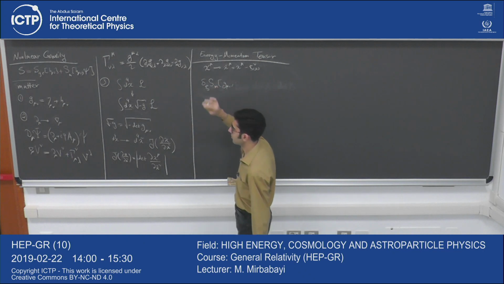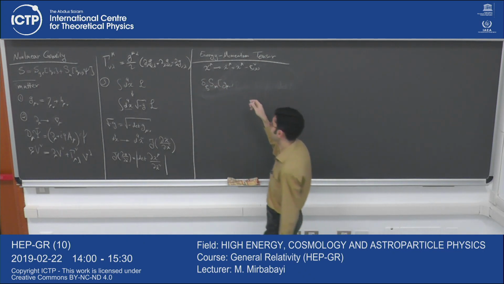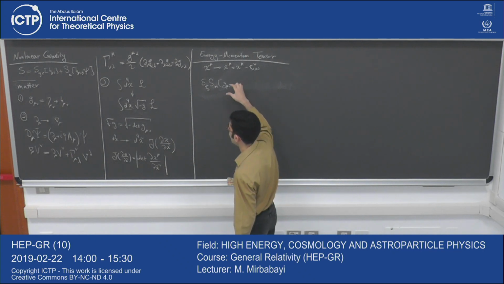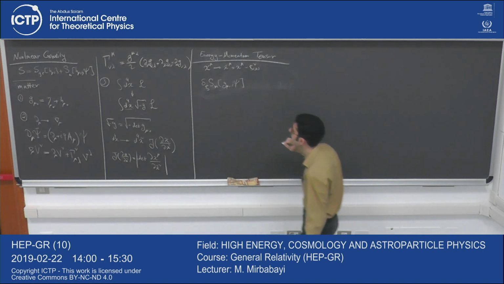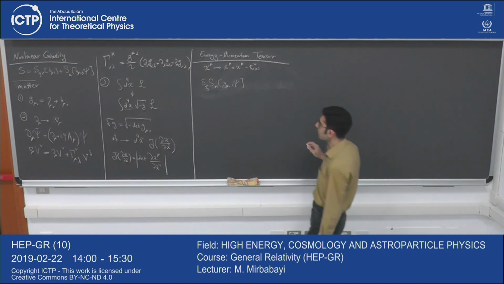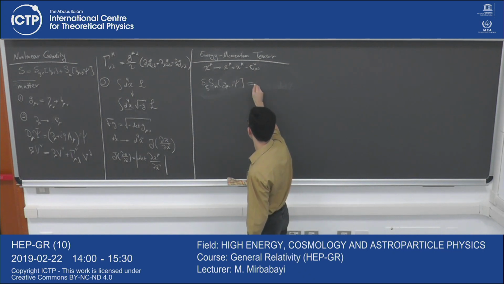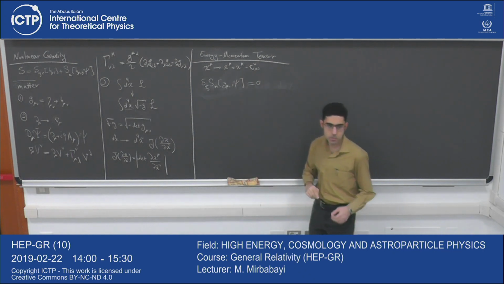I'm just choosing a different variable to represent the dependence on h mu nu. I'm not doing anything non-trivial. So what we have is that this variation is equal to 0.